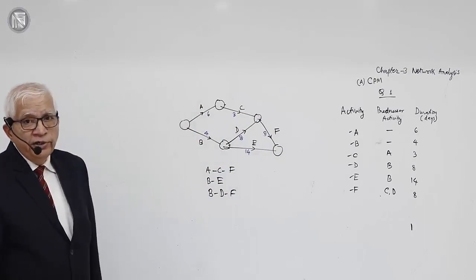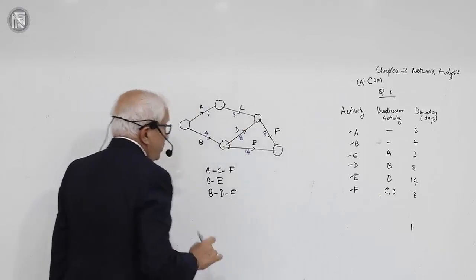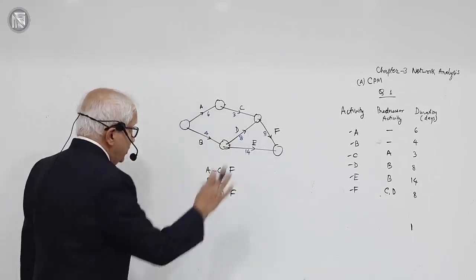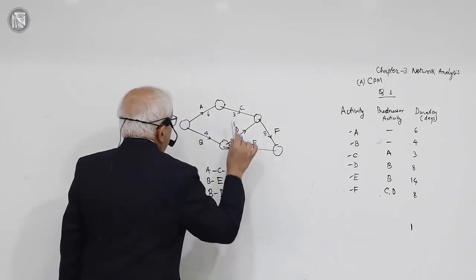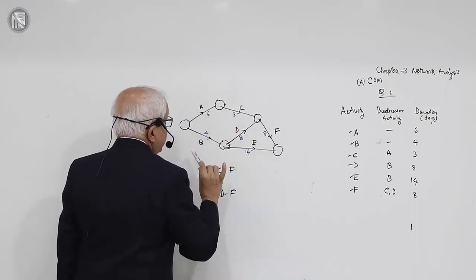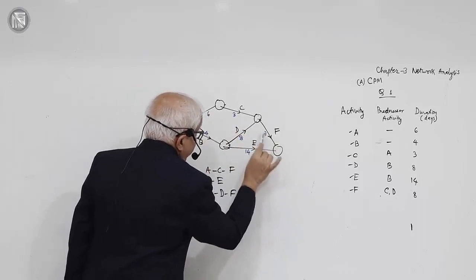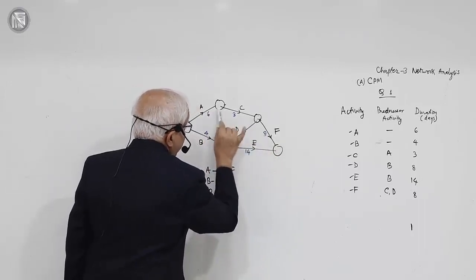And how long does it take? Now, for example, look at ACF. This is an imaginary road going from the first event to the last event. This 3 days will start only after completion of 6 days, because this activity cannot start unless the previous one is complete. This activity taking 8 days cannot start unless this activity is complete.